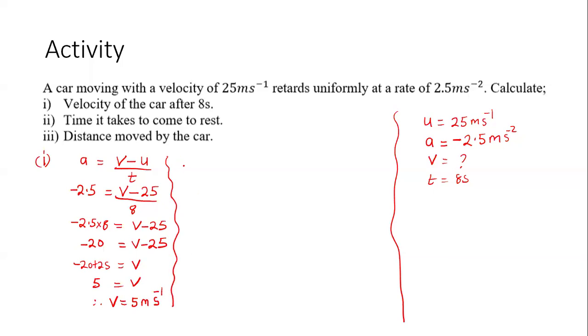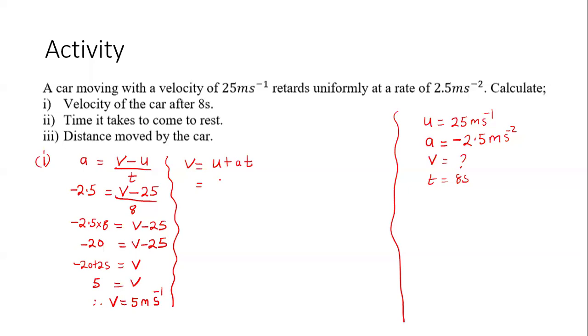Mark, you first set for us the first equation of motion. How do you set for us the first equation of motion? V equals u plus at. Okay. Can we use this as well? Yes.